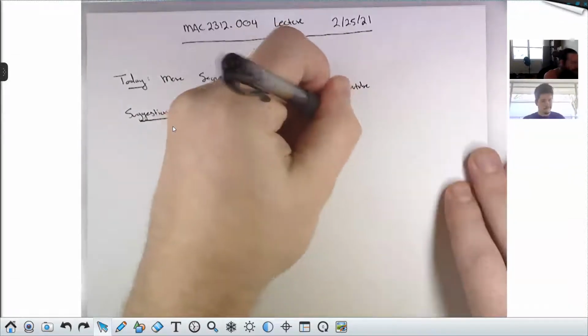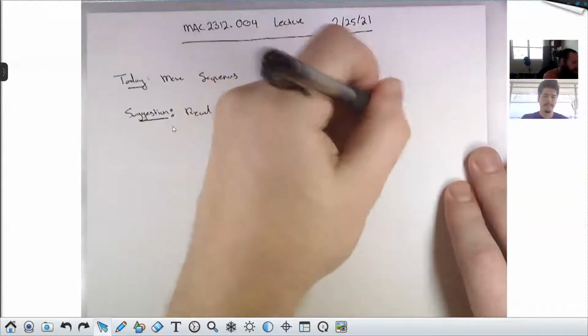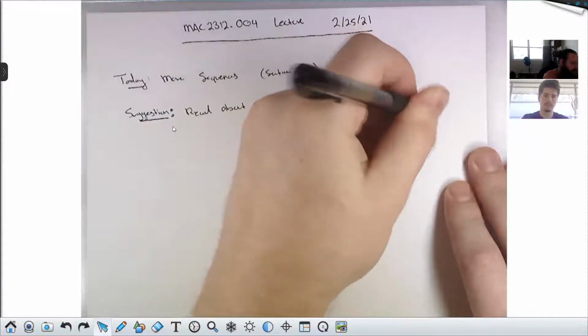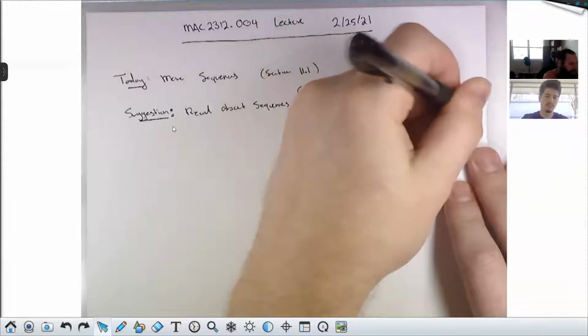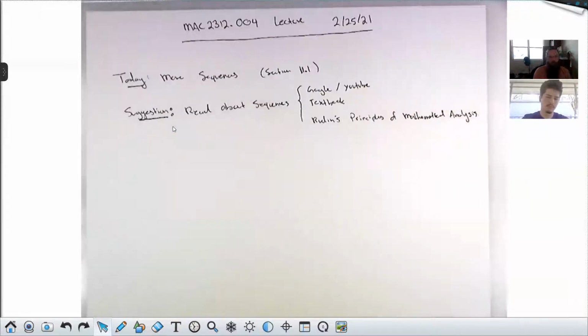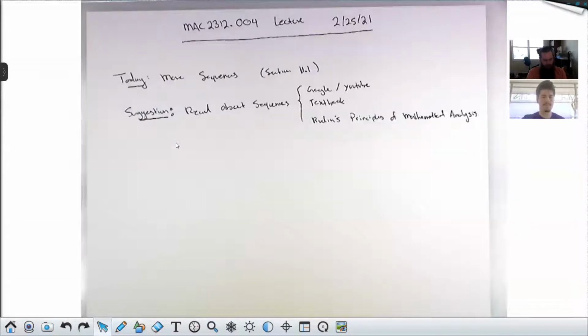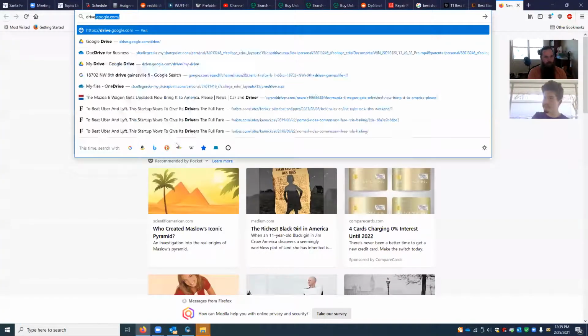Rudin wrote a book called Principles of Mathematical Analysis. This is sometimes called Baby Rudin, and it has a bunch of different material in it.